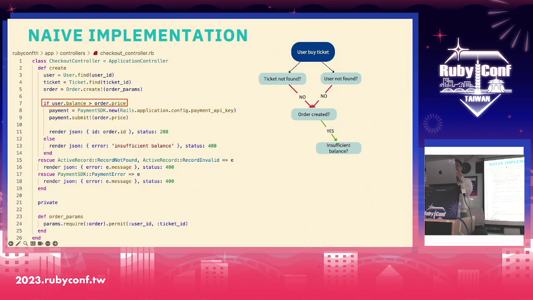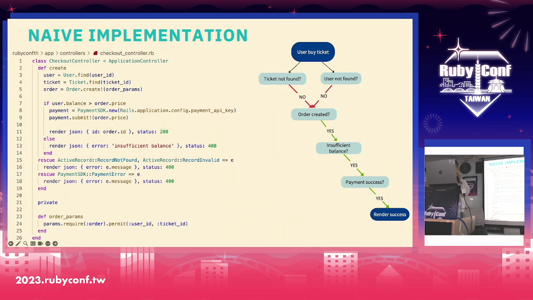If the balance is enough, the transaction continues. Then the controller interacts with our payment gateway to initiate the payment submission. This is where we integrate the external service to proceed with the payment. Upon successful submission, we confirm the purchase by rendering a successful response to the user.